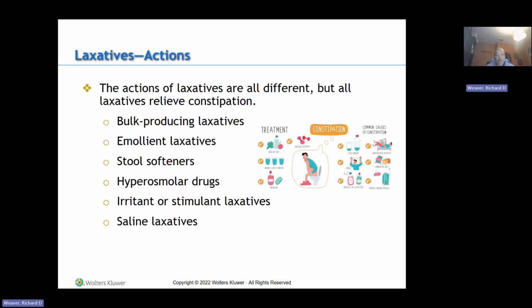All right. So the bulk producing laxatives are not digested by the body, and therefore it adds bulk and also water to the contents of the intestine. So when these laxatives are taken, the body doesn't digest them, and they're not absorbed. They just stay in the intestine, and of course they have the ability to pull water into the intestine. Now the added bulk in the intestines stimulates peristalsis.